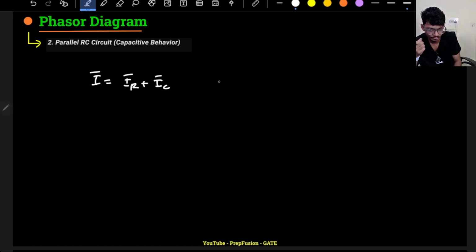And if I assume V to be the reference, then IR will be magnitude of I angle 0 only because it will be in phase, but IC will lead the voltage, so it will be plus j magnitude of IC.